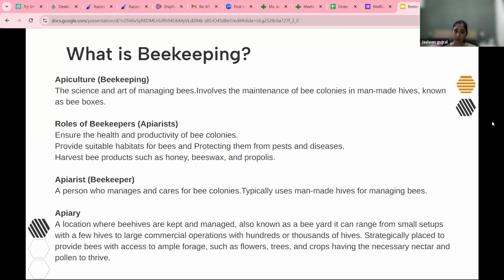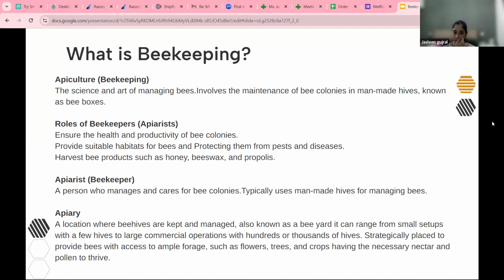The beekeeper should also get proper training so that they are able to harvest honey, beeswax, propolis, and other such products which are beneficial to human beings. A beekeeper is also known as an apiarist.